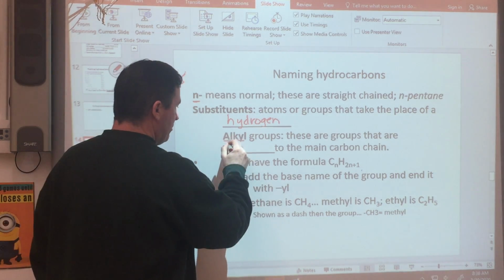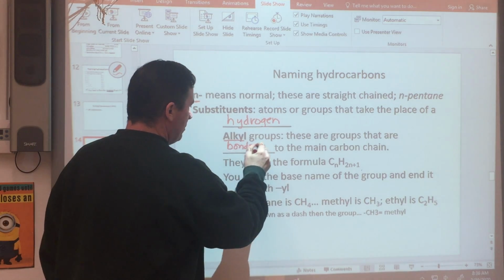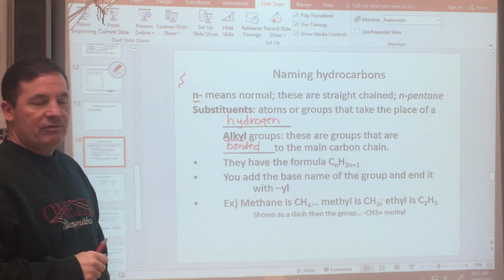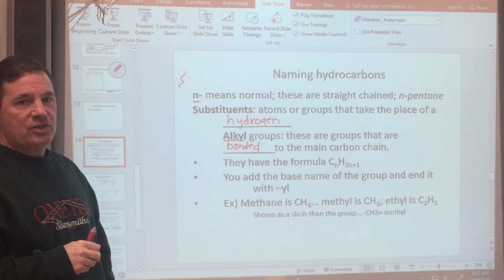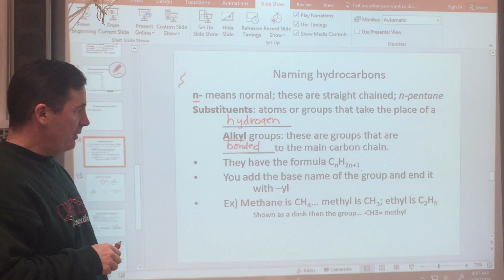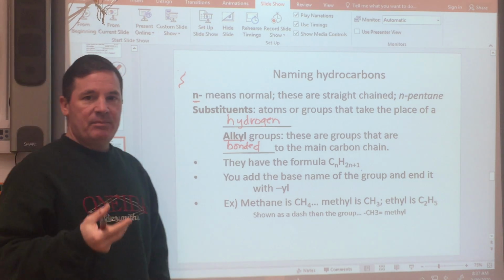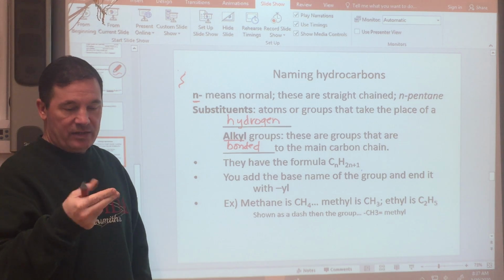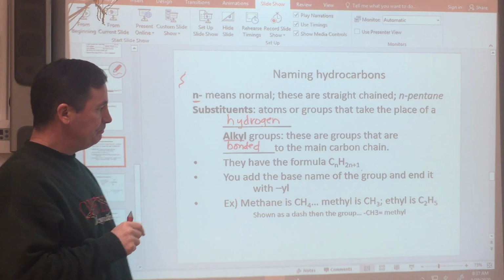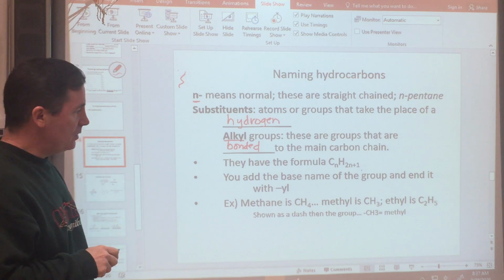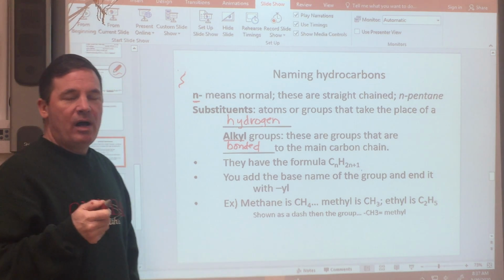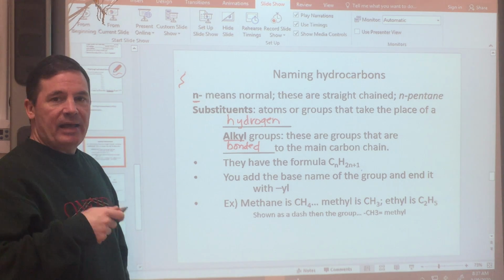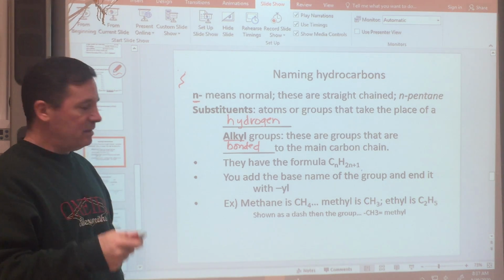These are groups that are bonded to the main carbon chain. And these are going to have a formula CnH2n+1. Let's see how that works. You take the name of whatever the chain is that is coming off of the main chain, and again, that's called the substituent. I count out how many carbons there are for it, and I add -yl instead of -ane.